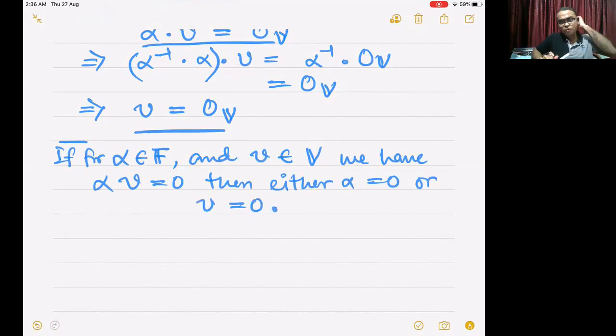So the product of a non-zero vector and a non-zero scalar can never give me the 0 vector, which is an interesting property because this is not something that is always true.